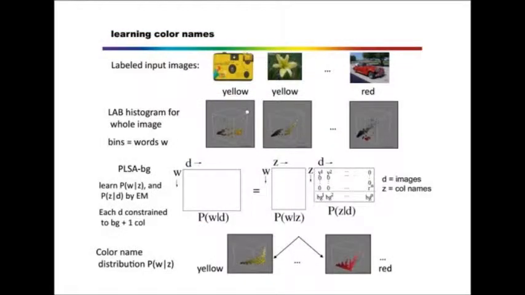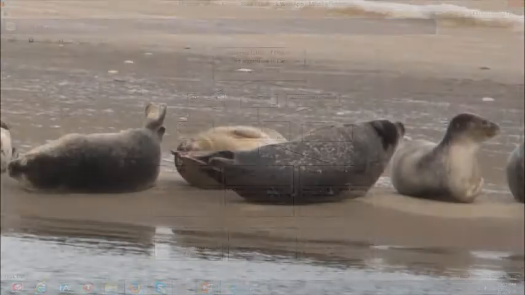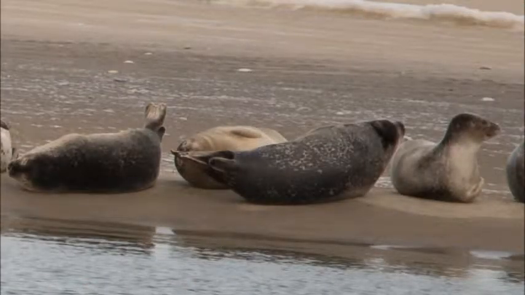This was shown before with the color histogram being produced in the CLASS method. The last is the shape context formula, which detects the difference between key points of images in forming shape context. The point is to be able to mesh these algorithms together to create user-friendly software that is applicable to the pelage patterns of harbor seals.